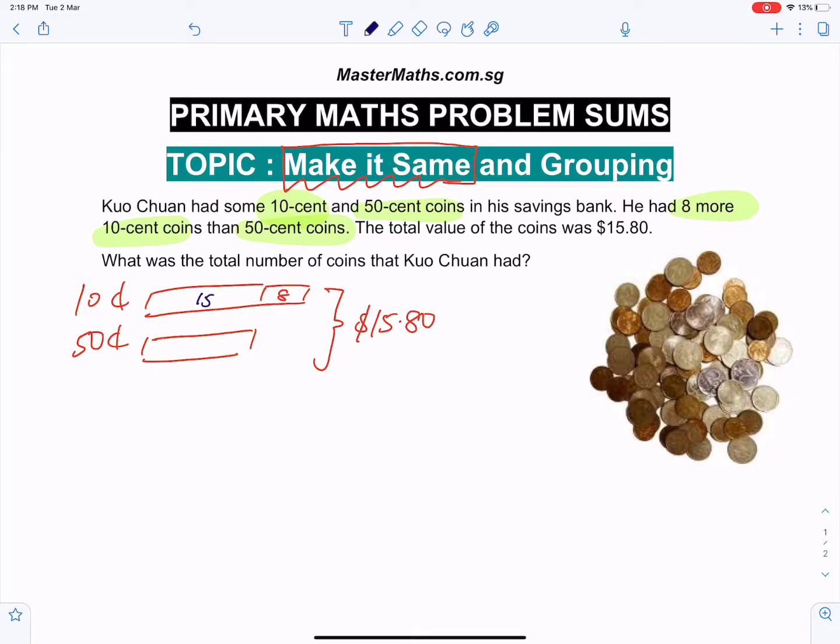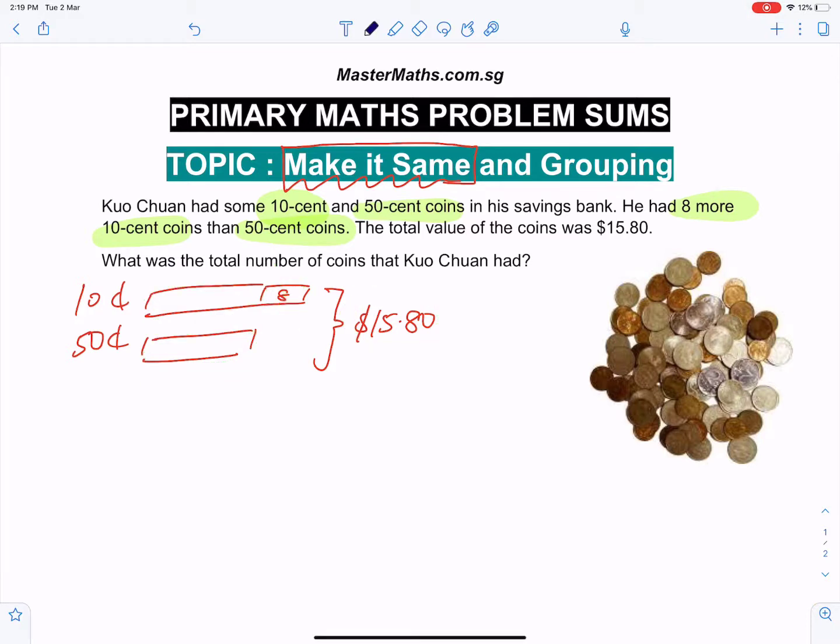Some students will do guess and check, but I really encourage you to learn this method that I'm going to go through right now. 1 unit, 1 unit. How do I ensure that they are the same? I need to first take away these 8 coins, these 8 10-cent coins.